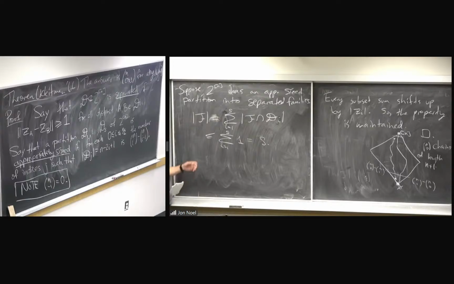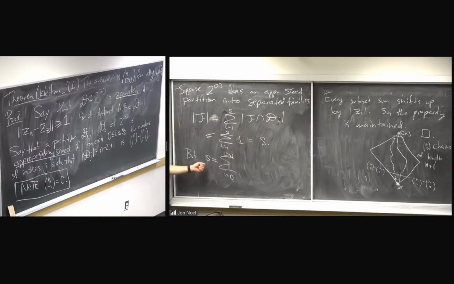So I get an upper bound equal to the number of families in the partition. I want this to equal n choose n over 2. Sorry, I'm going kind of fast through this, but I really want to get to the punchline.